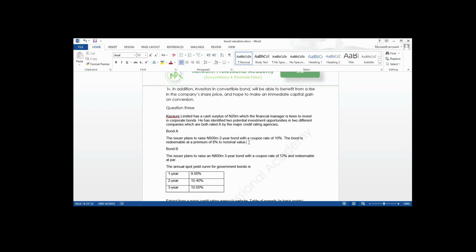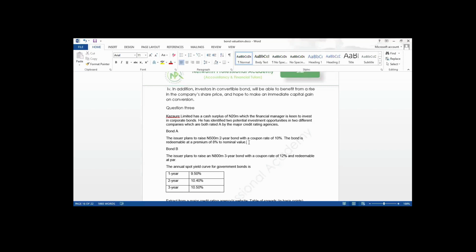So what is the redemption value? I was trying to have an interactive class. So what is the redemption value? The bond will be redeemed at an 8% premium to the nominal value.